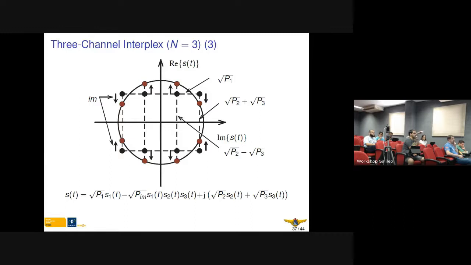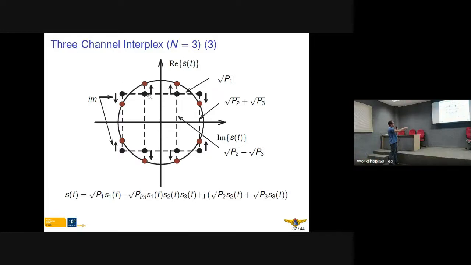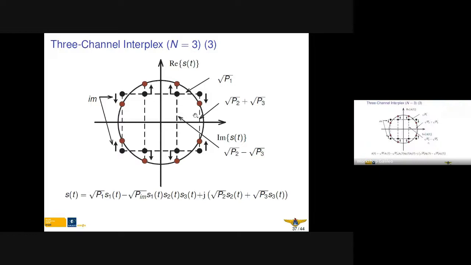And without the intermodulation, the constellation would be a square shape? Yes, it is then a square shape here, as you can see. None of these states are on the circle, and these levels are dependent on the powers P1, P2, and P3.